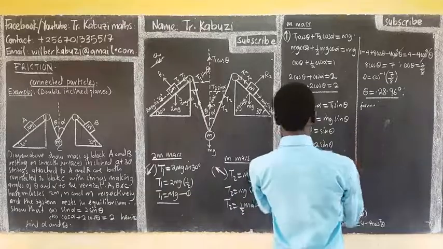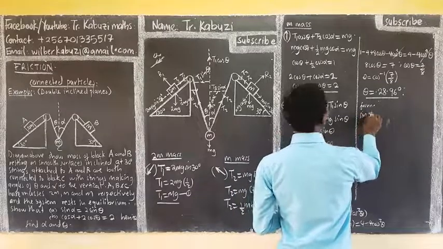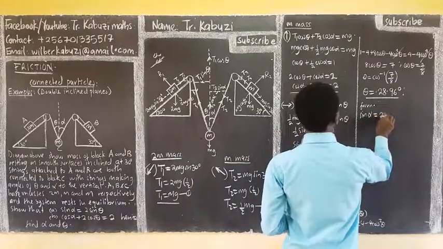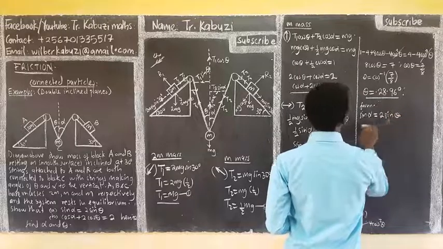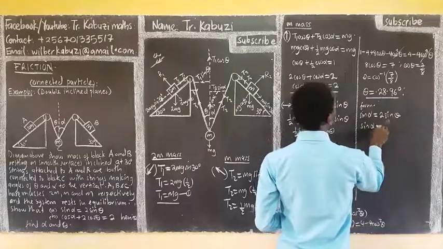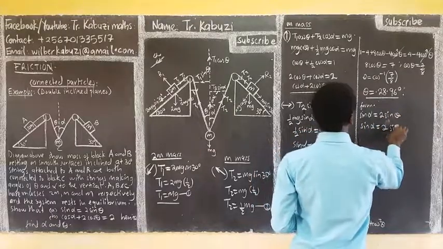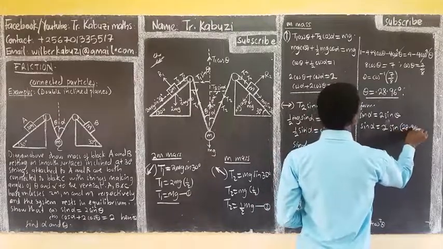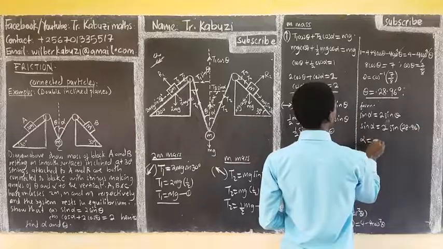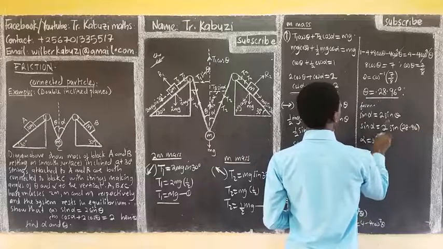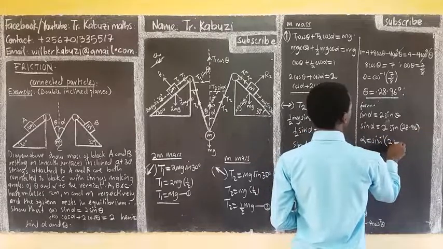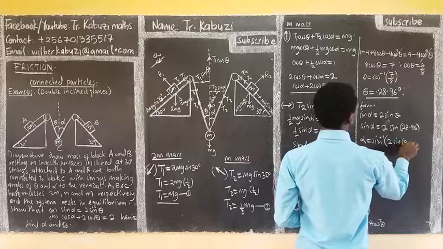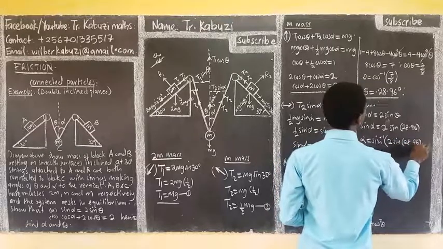So from here, let me use this one, sine alpha equaling 2 sine theta. So my sine alpha will be 2 sine 28.96. So my alpha will be sine inverse of 2 sine 28.96.